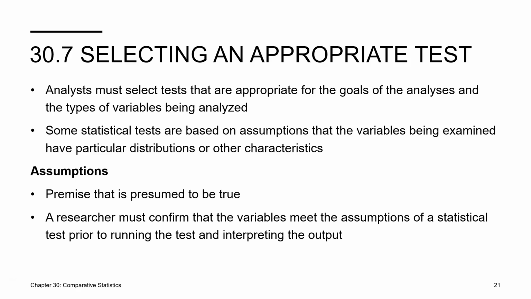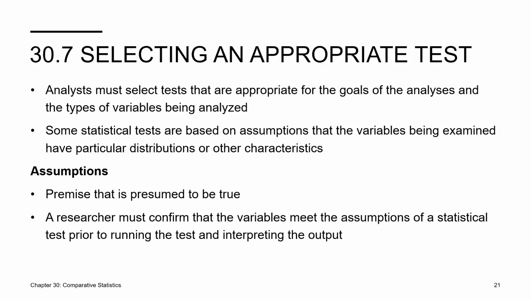Section 30.7 goes over selecting an appropriate test. There are a lot of different terms coming up and a lot of different tests that can be used. Sometimes it's good to come back to this in the future if you end up doing any statistical analysis, working in academia, or going on to grad school. Jacobsen does a really good job of discussing the different tests.